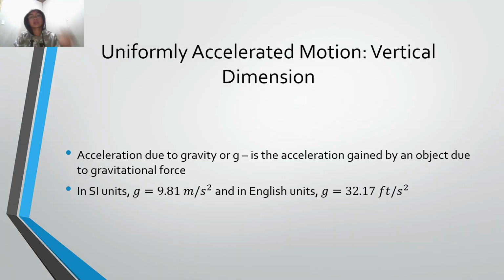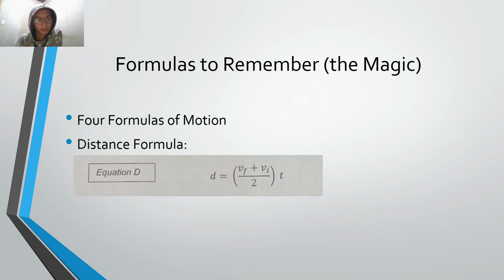So, balik ta sa atong topic. So, una sa tanan nga unit ang inyong i-remember. Okay? Si 9.81 meter per second squared or si 32.17 feet per second squared, whatever. So, of course, ang inyong gamiton diri nga equation or formulas is same ra gyapon aning formulas to remember.